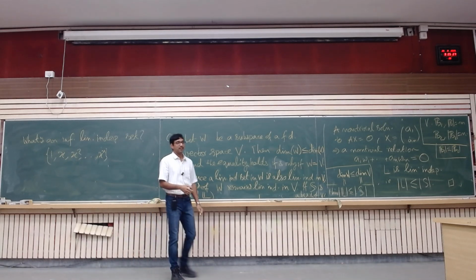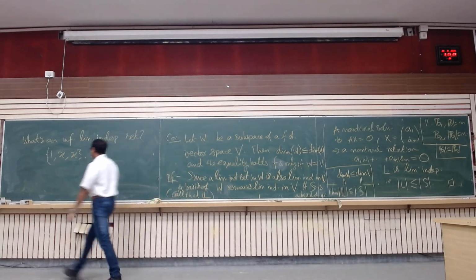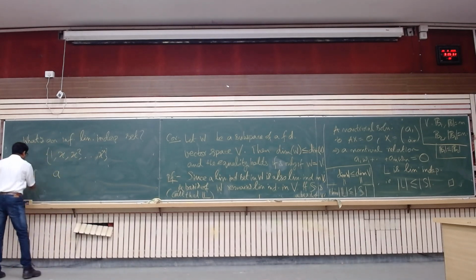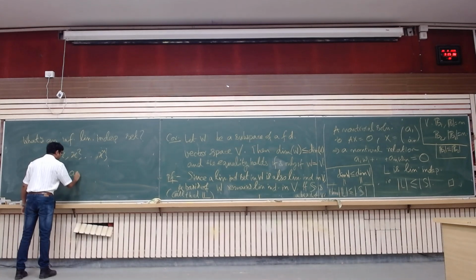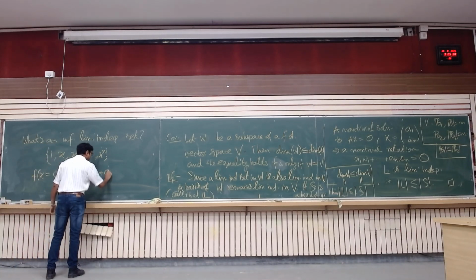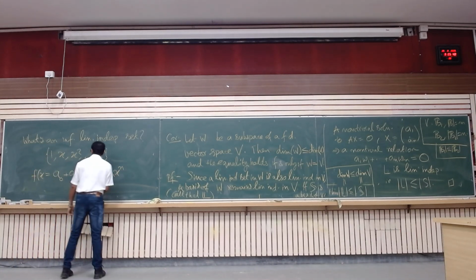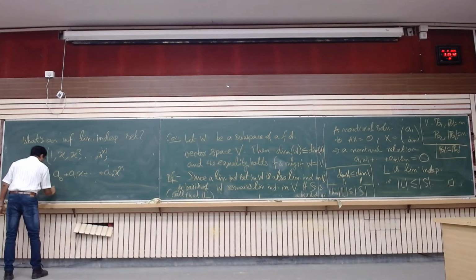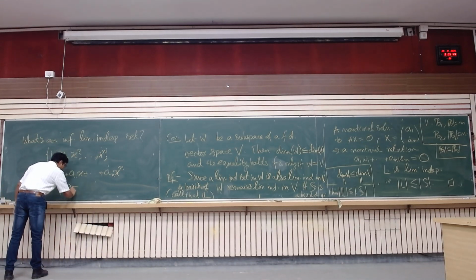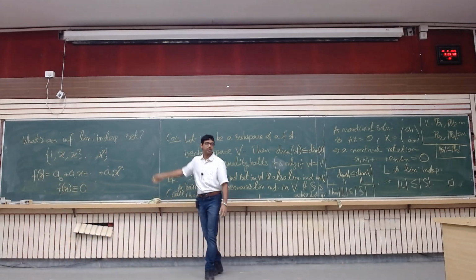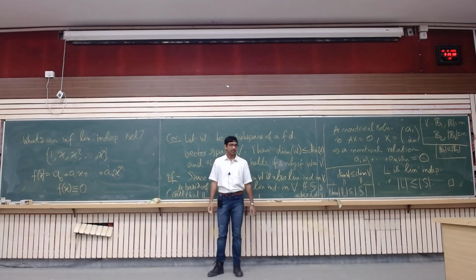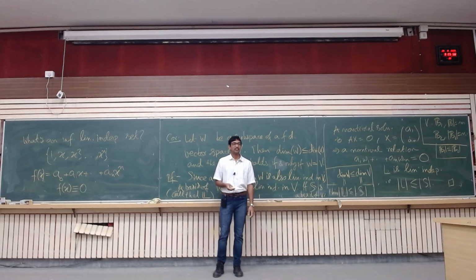I am asking whether there exists f(x) equal to a0 plus a1 x plus dot dot dot plus an x^n, such that f(x) is identically 0. That means whatever value of x you put there, it will give you the 0 output. Can that happen? Why not?